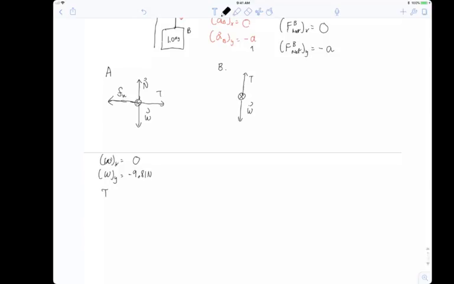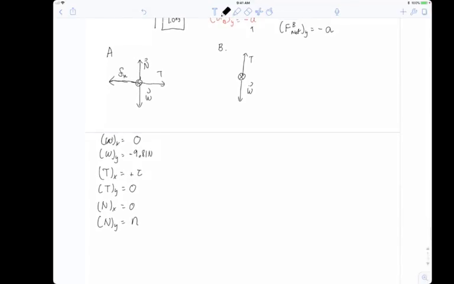Tension in the x direction: I don't know what that is, but I know which direction it's pointing, probably to the right. I'll give it the variable tau, just because I need to label the things I don't know. Normal force in the x direction is 0. Normal force in the y direction, I'll label it with little n. I don't know its value either, but I know it's in the positive y direction.